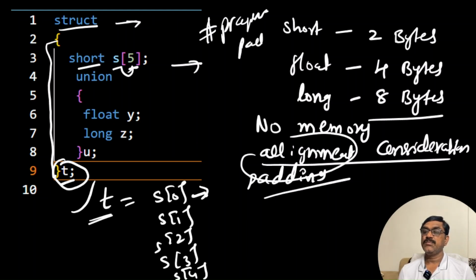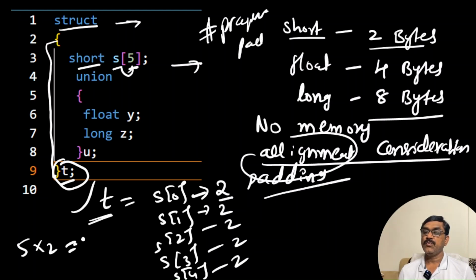Each element is going to take 2 bytes of memory. Why? Because in the question, short takes how many bytes? 2 bytes. Short means short integer. Here 2 bytes, 2 bytes, 2 bytes, 2 bytes, 2 bytes. Total how much? 5 into 2. Total 10 bytes of memory is allocated for the variable s. Here we got 10 bytes.